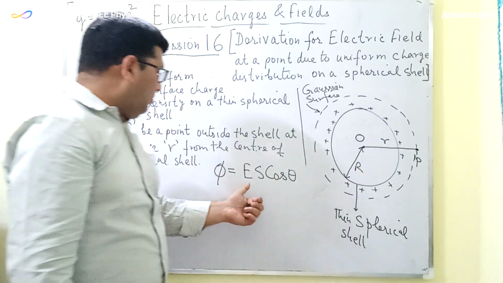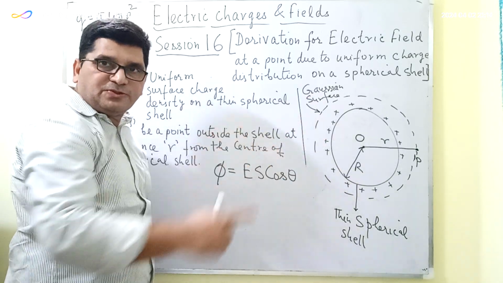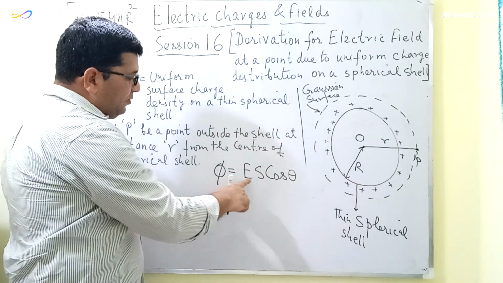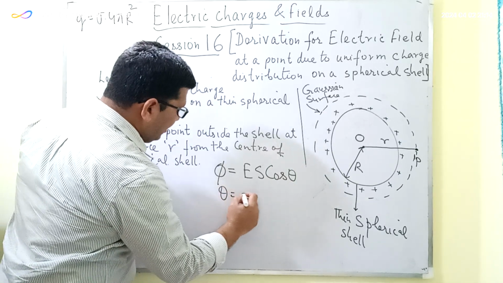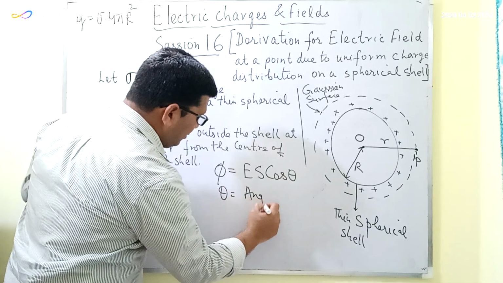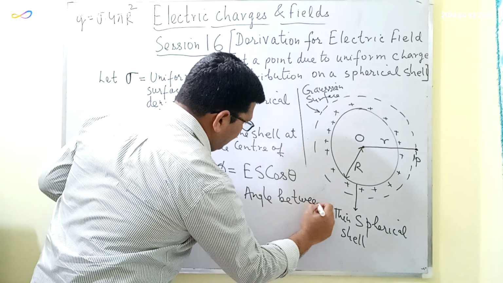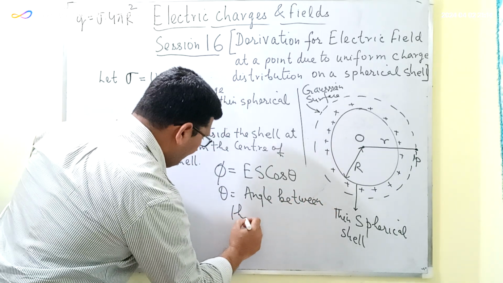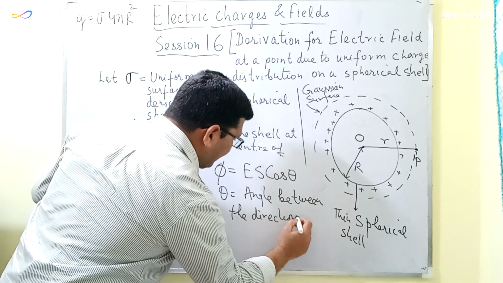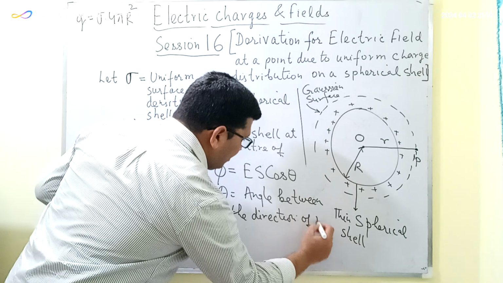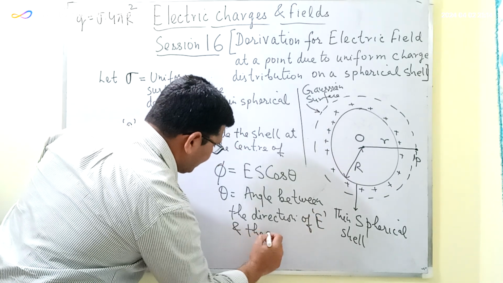Okay. Now here, the flux through a closed surface is also equal to ES cos theta, where theta is the angle between the direction of electric field and the normal to the surface.